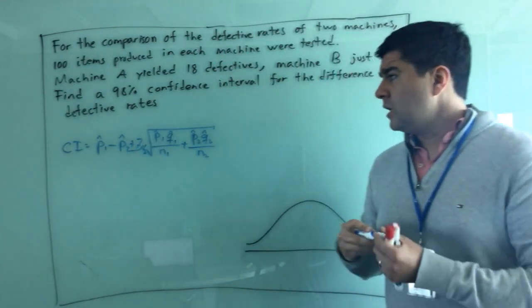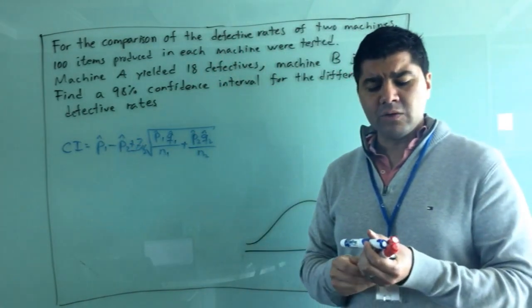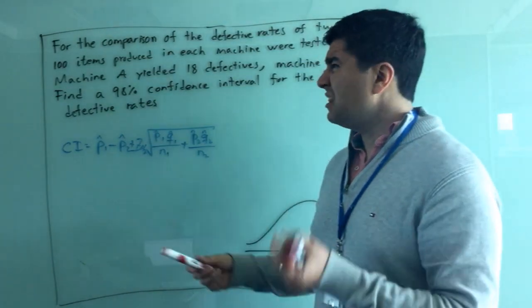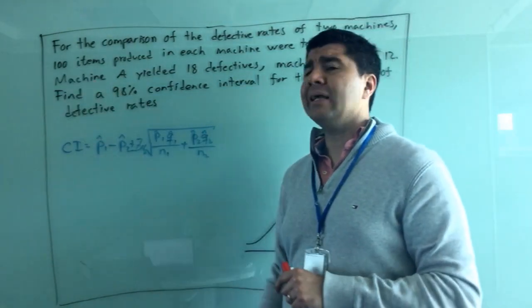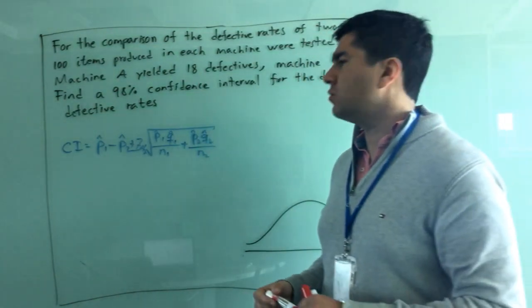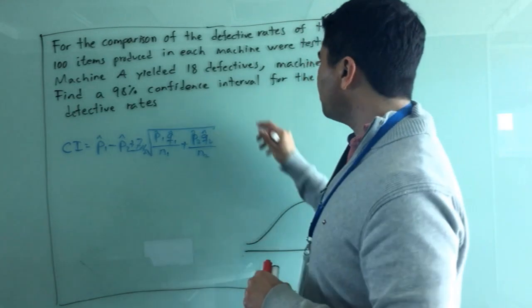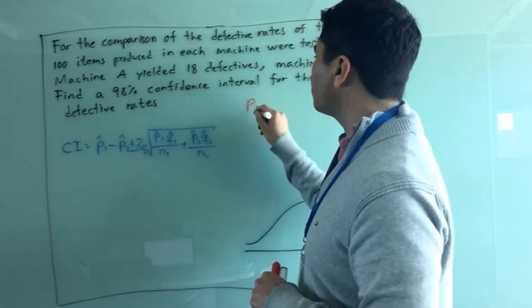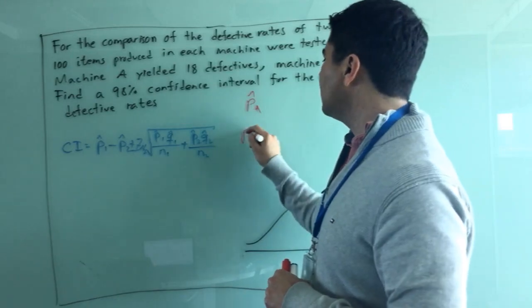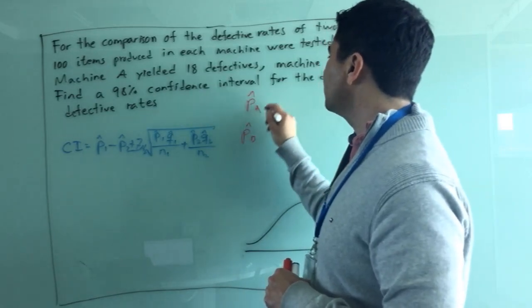So again, if we just try to analyze what's happening with the information, we can be aware that the proportion is not given. They're just telling us that 100 items are produced and 18 and 12 defectives are found. It means that probably there is a possible way to find out what is happening with P1 hat, or let me call it PA hat and PB hat.